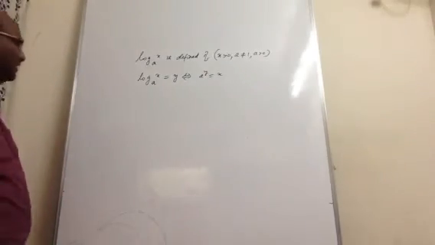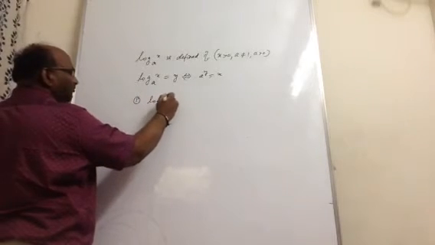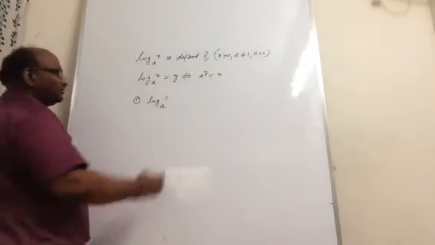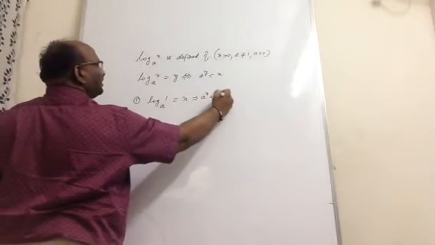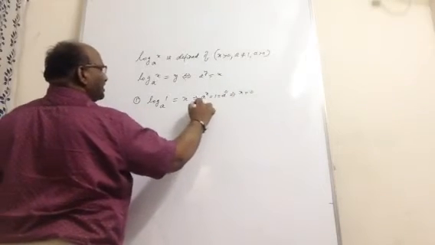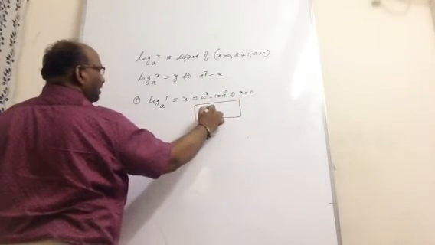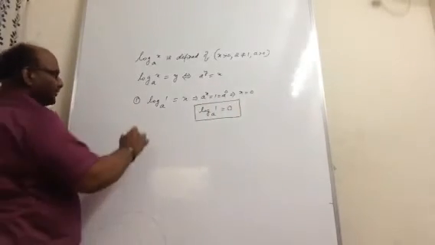Now let us see some results based on this, which are more useful. Log 1 to the base a, how much? We don't know. Let us say x. a power x is 1, that is a power 0, so x is 0. So one result is log 1 to the base a equals 0.